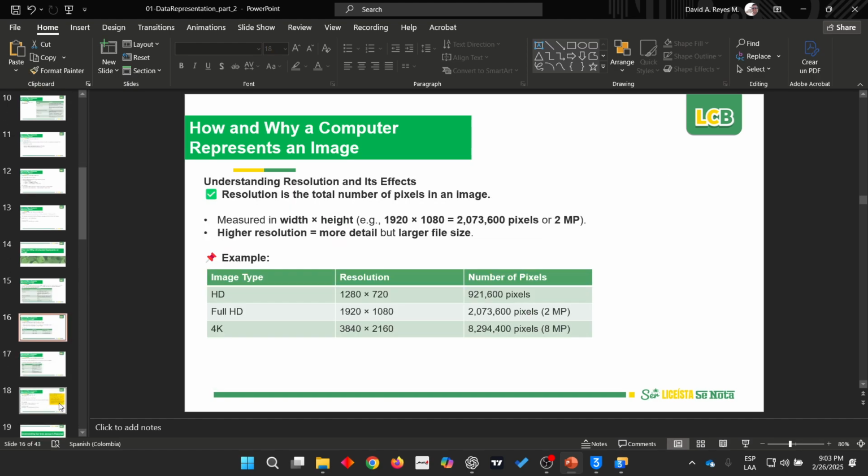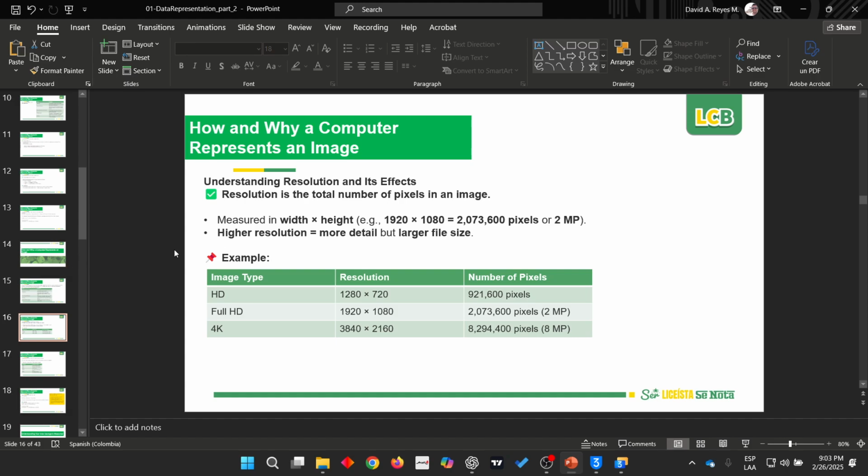Now, understanding the resolution and its effects. Images are measured in width and height. The more width and height you have, the higher the resolution, and the higher the image quality is going to be.